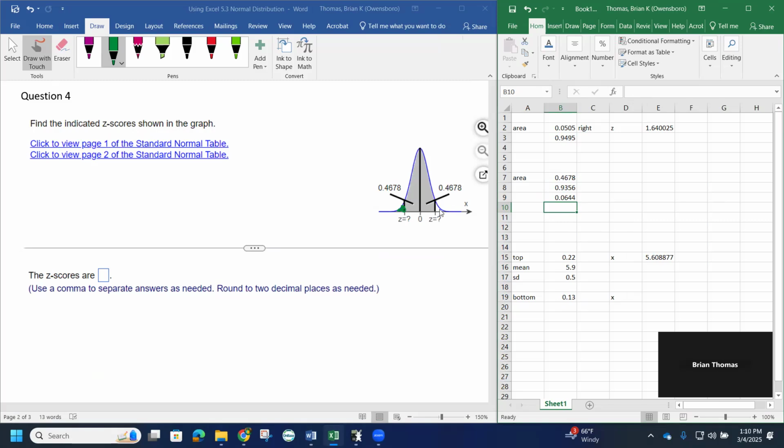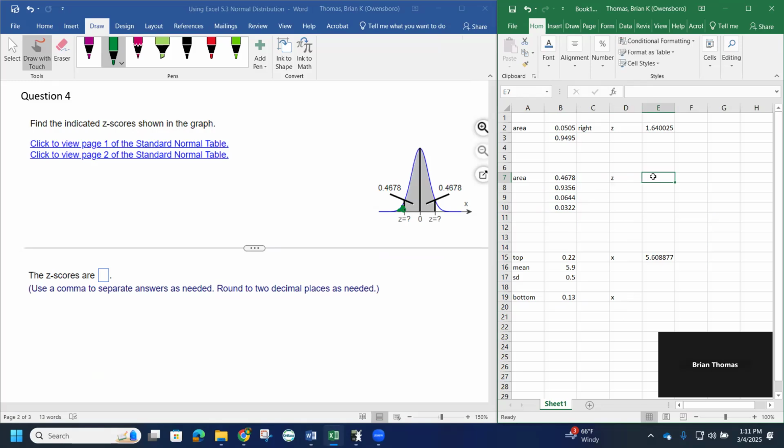So I have to take half of that to get the area to the left, since this 0.0064 represents the two unshaded areas. If I do equals B9 and divide that by 2, that should cut it in half for us, giving 0.0322. Now I can find the z-score.